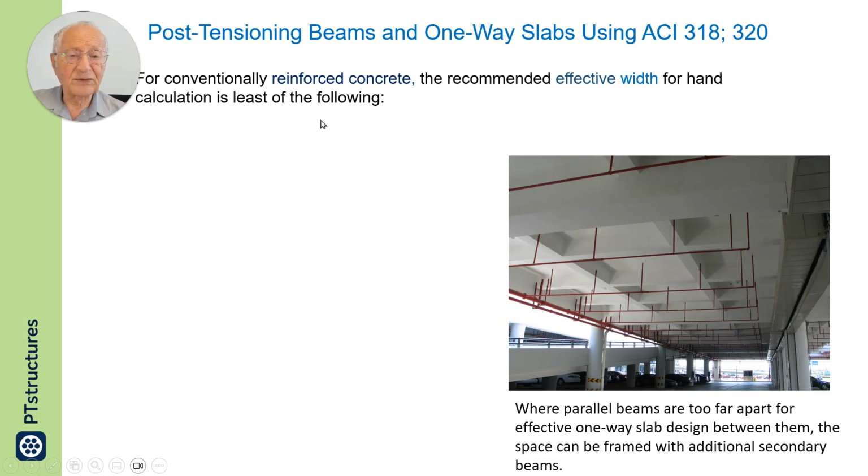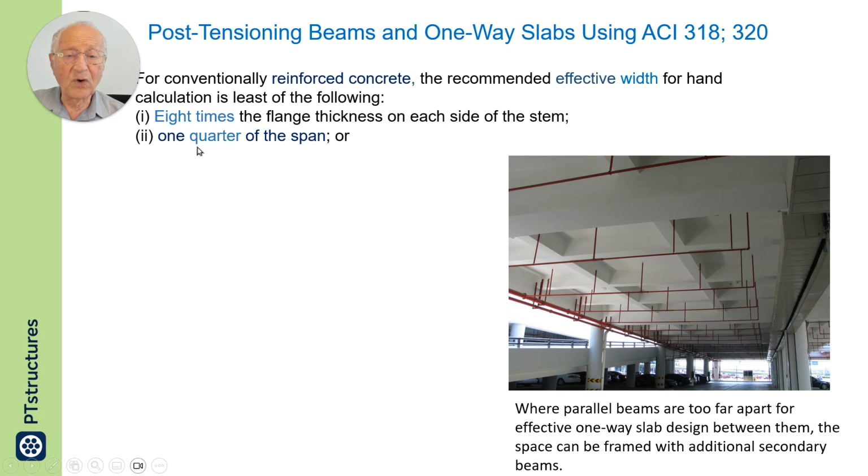For conventionally reinforced concrete, the recommended effective width for hand calculation is based on 8 times the flange thickness on each side, or 1/4 of the span, the smaller of these, or the beam's tributary. You select the smaller of the three.